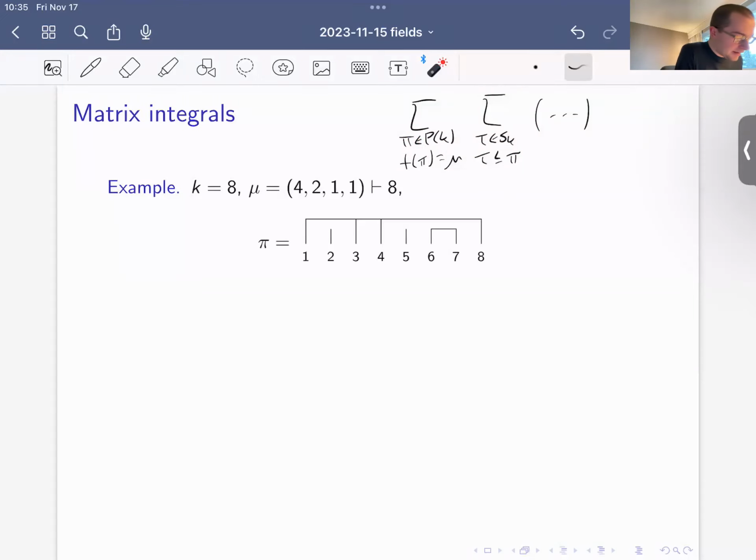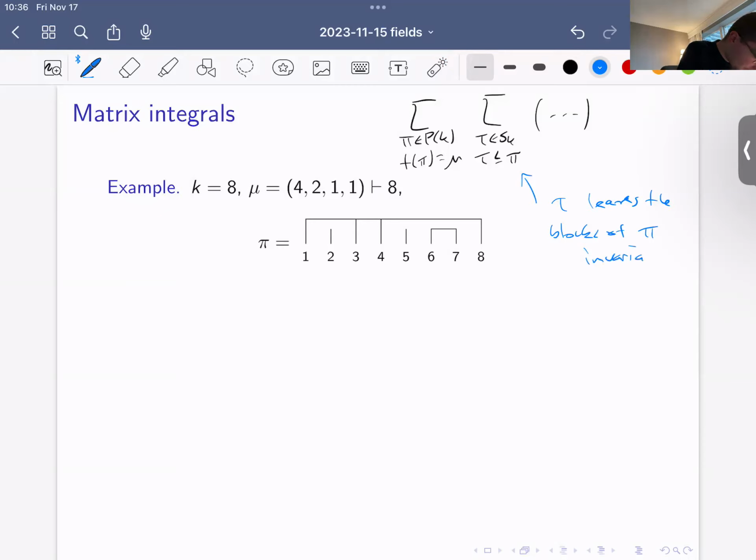This means that tau leaves the blocks of pi invariant. So I have this concrete example. Here k equals 8, and the fixed integer partition is 4, 2, 1, 1.